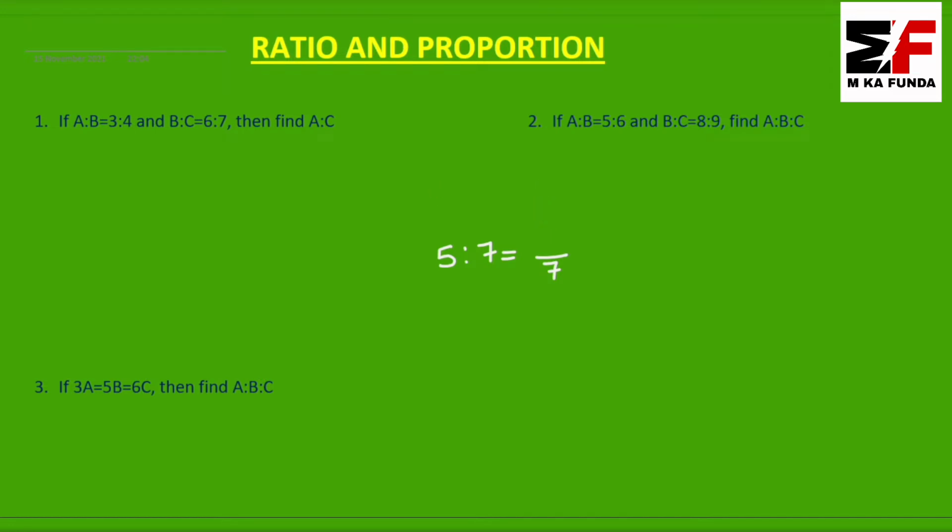As you can see on the screen, I have written 3 questions. So question number 1 says, if A is to B is equal to 3 is to 4 and B is to C is equal to 6 is to 7, then find A is to C. So we don't need B over here.